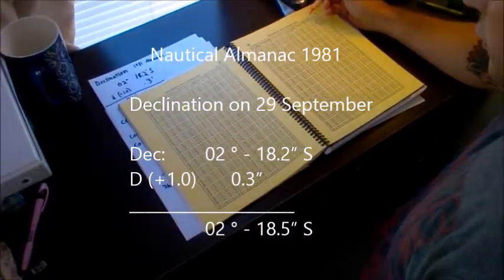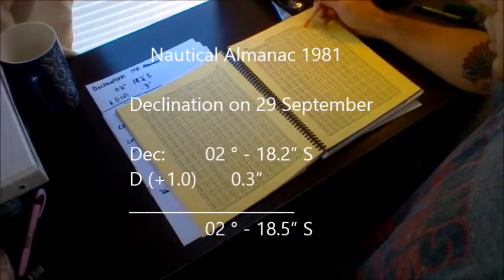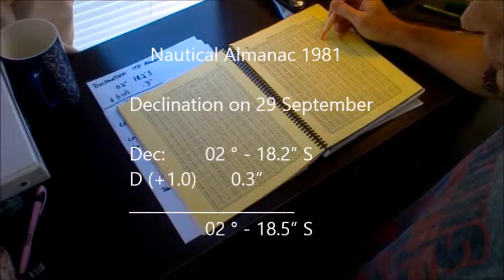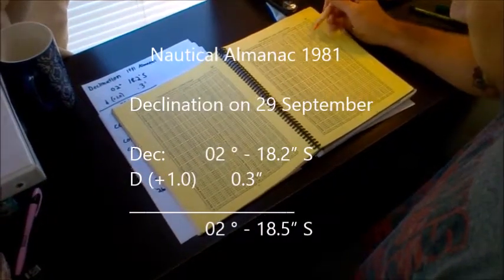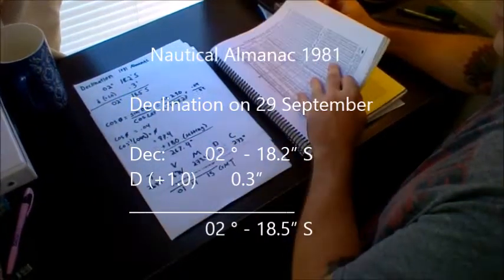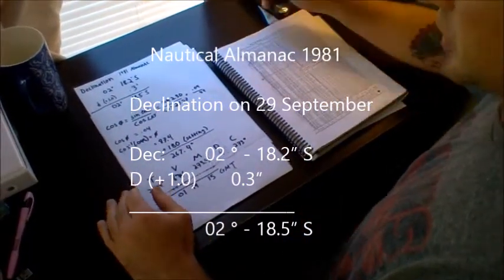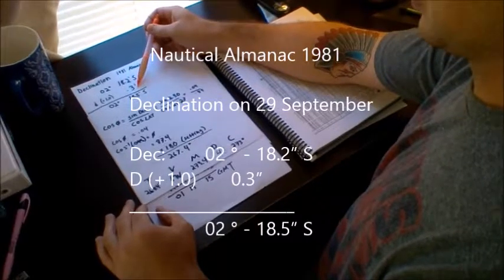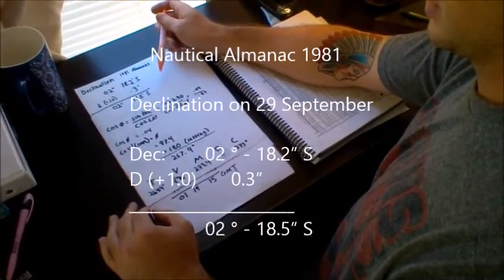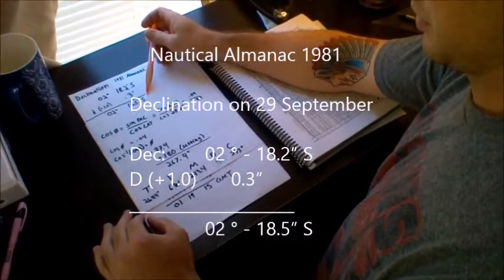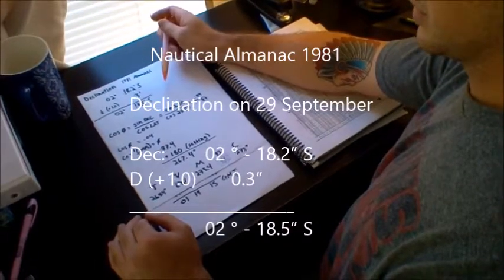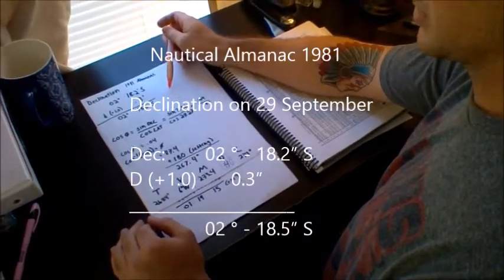So I look for V or D correction column, and I go to 1.0, which was my D, which I found on the 29th of September, and it says 0.3 for the correction. Now remember, D was added because declination was going up, so I add the 0.3 to 18.2, and I get 18.5 south. So the total declination is 02 degrees, 18.5 minutes south.